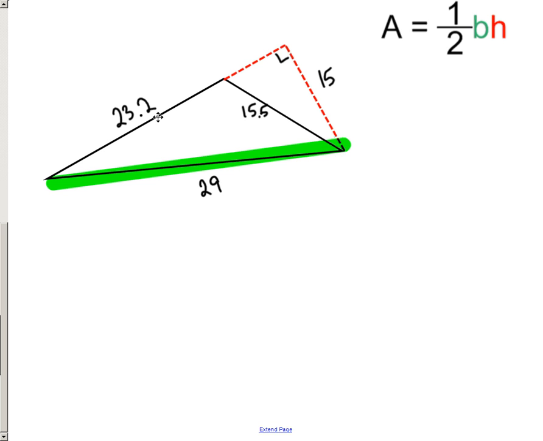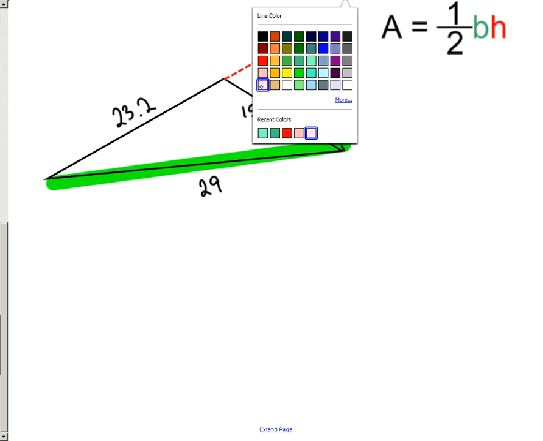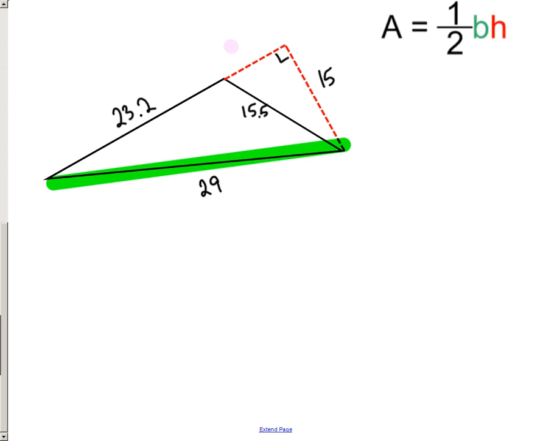And it can't be 23.2 for the exact same reason. And then even though this has a 90-degree sign right here, I can't say that 15 is at 90 degrees to this 29 side. I can't, there's not a 90-degree angle here.